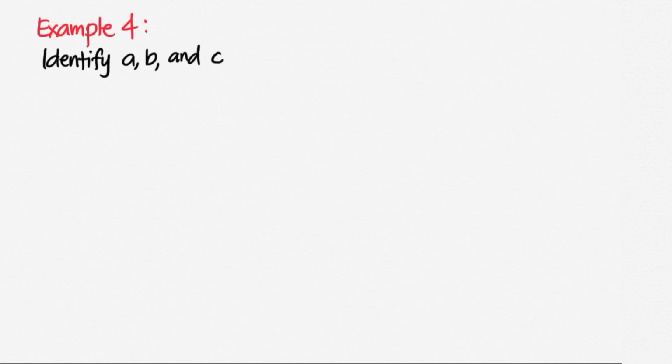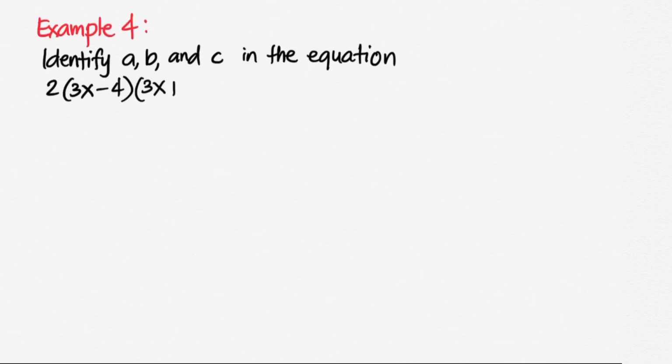For our last example, example 4, identify a, b, and c in the equation 2 times 3x minus 4 times 3x plus 4 equals 4x minus 1 squared.